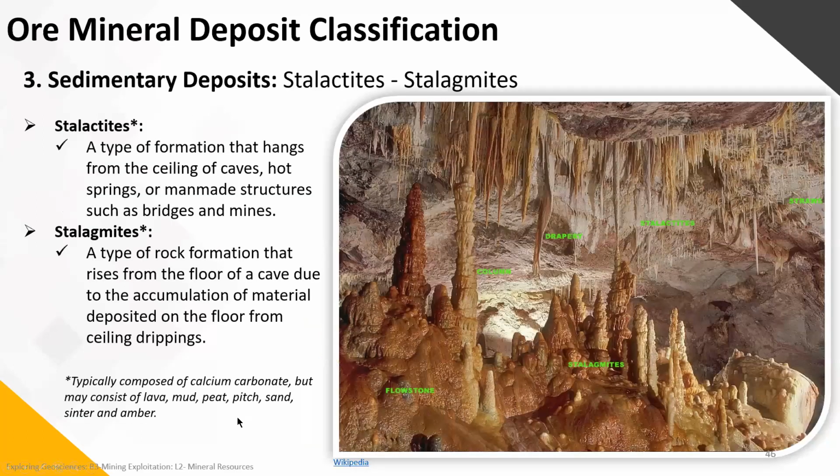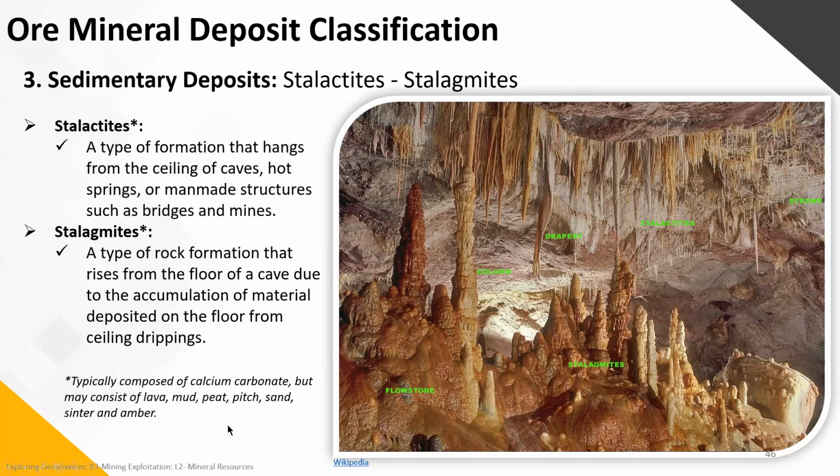We also have within the sedimentary deposits the stalactites and stalagmites within the caverns. So the stalactites are the ones coming from the top with the T, and the stalagmites are the ones that are mounting from the bottom, the M. The type of formation that hangs from the ceiling of caves, hot springs, or man-made structures, such as bridges and mines, are called stalactites.